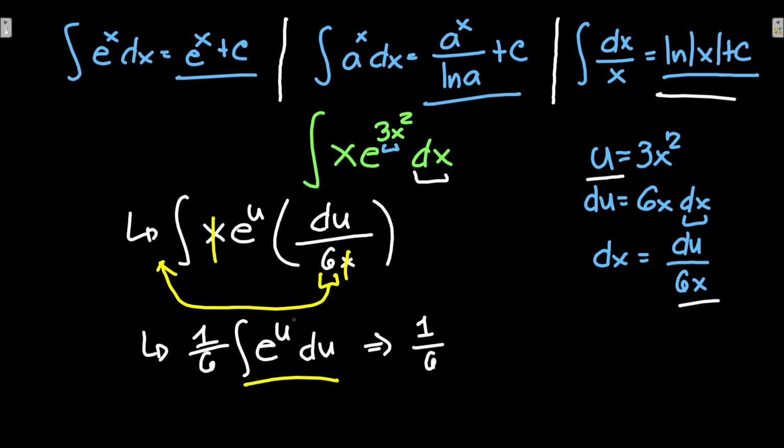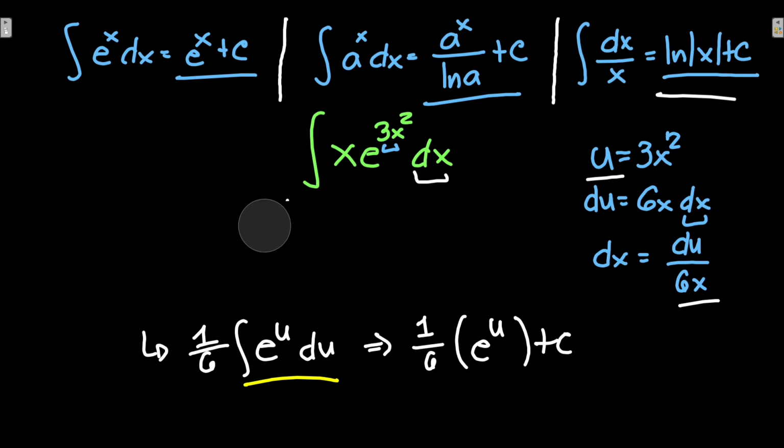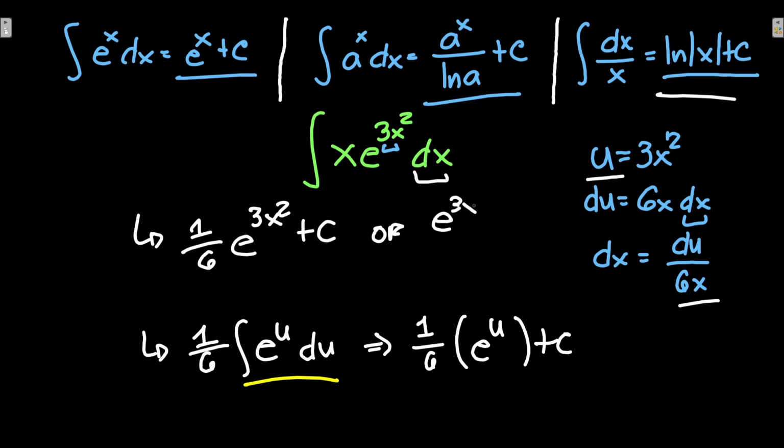The integral of e to the power of u is e to the power of u plus c. And so your final answer would be 1 over 6 e to the power of u, where u is 3x squared, plus c, or e to the power of 3x squared over 6 plus c.